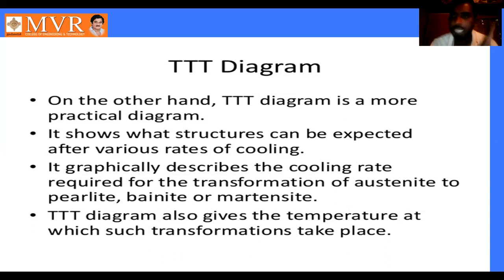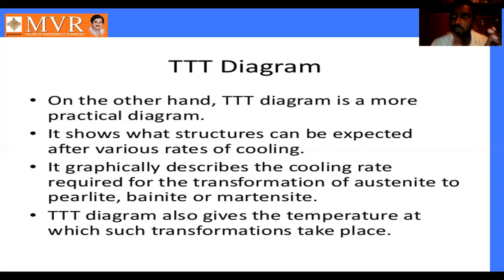Why time, temperature and transformation? Because when we increase the temperature, based on the time, the transformation is changing, so phases are changing. At 0 degrees onwards, we can see one structure, one transformation. At 100 degrees centigrade onwards, we can see another transformation and the structure changing based on the time.